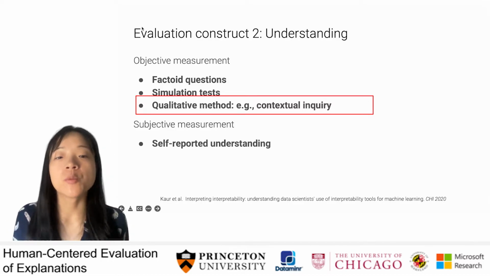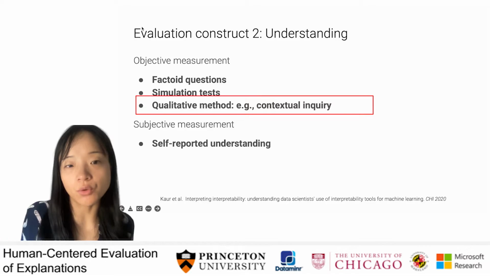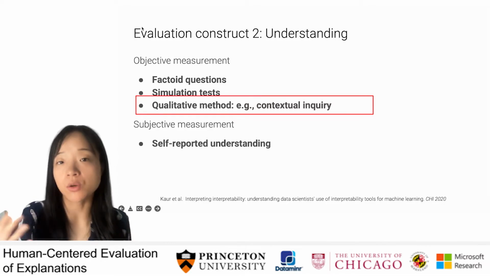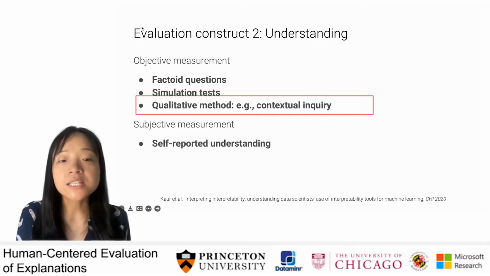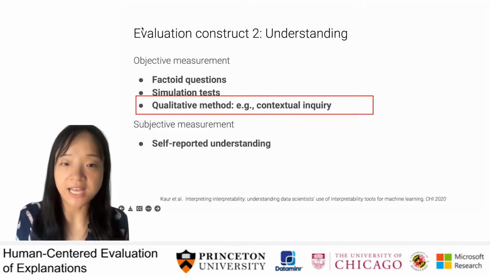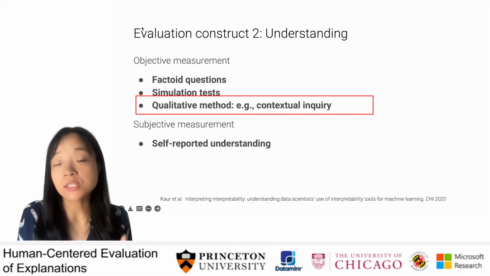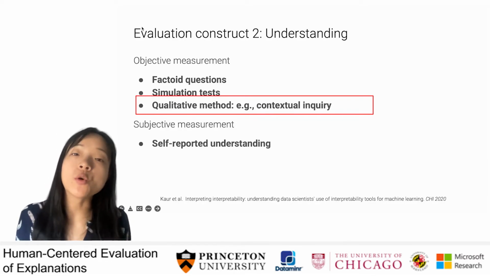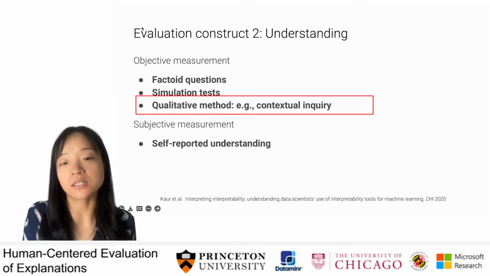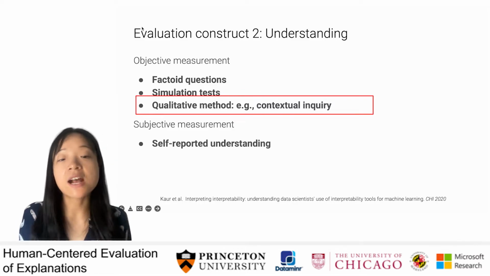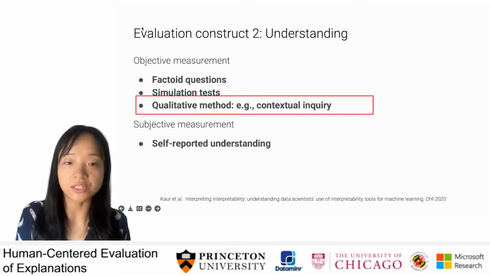A very useful approach is contextual inquiry, asking people to think aloud or prompting them to describe their beliefs, ideally when they are performing the task. You may then transcribe their answers and perform qualitative content analysis, for example, by rating the correctness of their descriptions, then comparing the results across conditions.